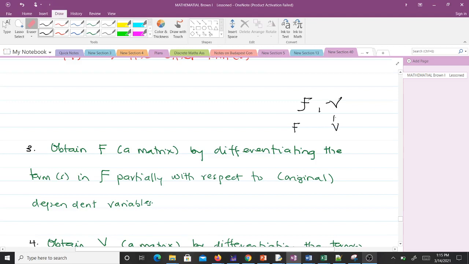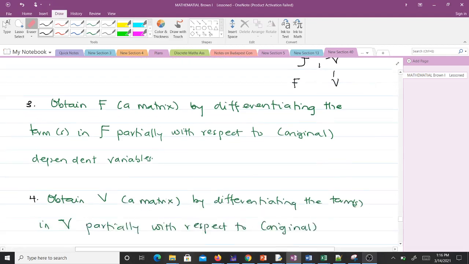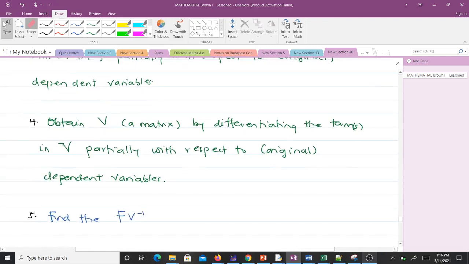So we obtain f, a matrix, by differentiating the terms in Greek F partially with respect to the original dependent variables. So what this means is that if our dependent variables are 2 or more, f will be a matrix. But if our dependent variable is just 1, then we will not have a matrix. Okay. We'll solve an example to illustrate that.